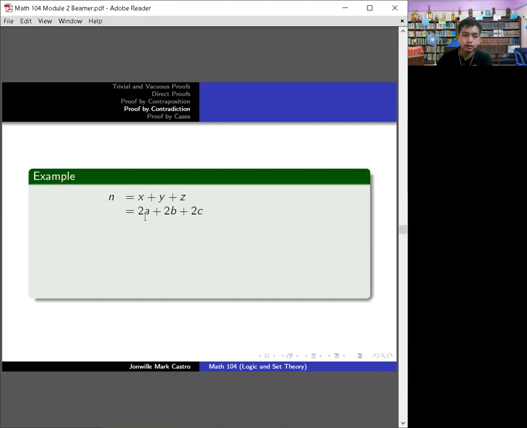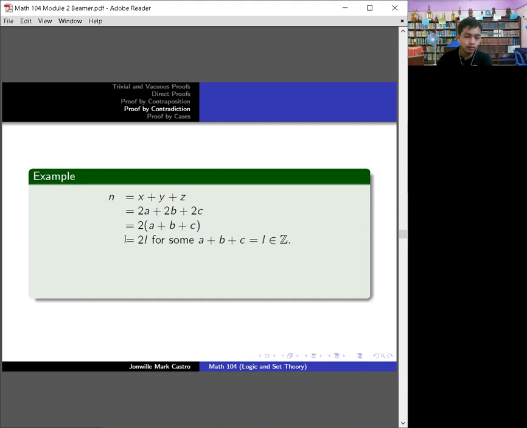So, isusulat natin sila as 2a plus 2b plus 2c. Then, we factor out 2. We have 2 times a plus b plus c, which is 2l for some l in z, where l is equal to a plus b plus c.